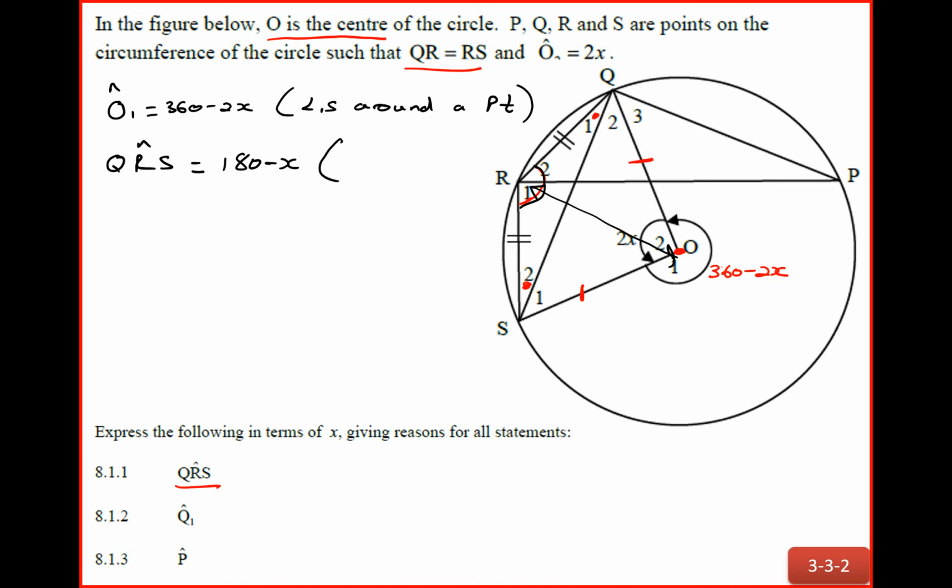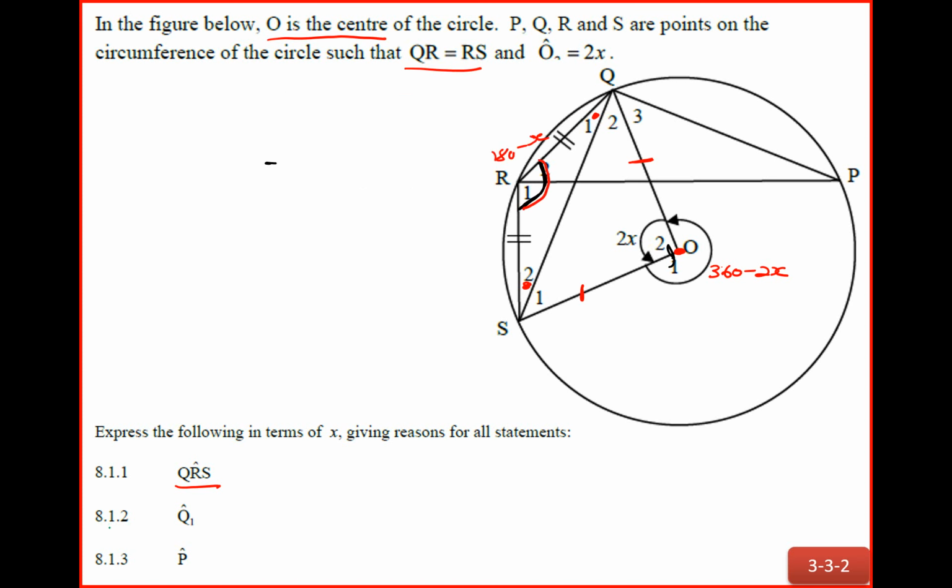And our reason there would be angle at the center is equal to 2 times angle at the circumference. And there we have our first question answered, 8.1.1.